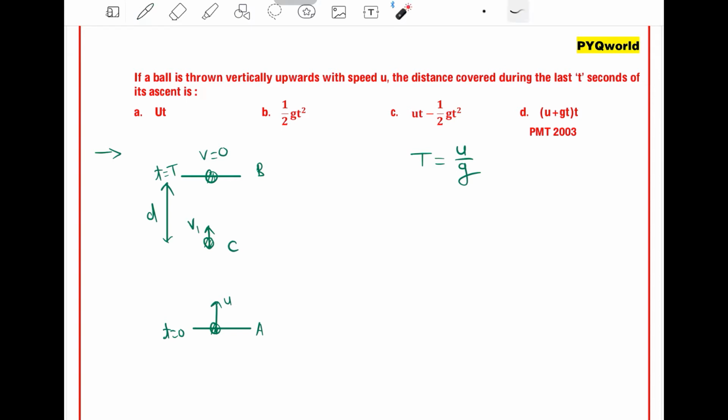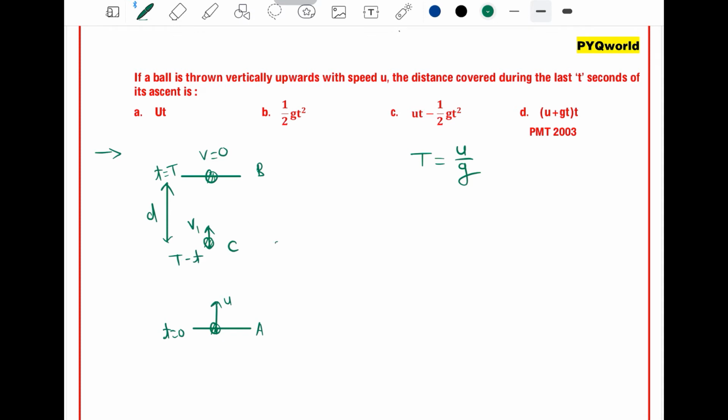Now if the time taken by the particle to cover this distance d is equal to t second, then we can say the time taken by the particle to reach from point A to point C is equal to capital T minus t.